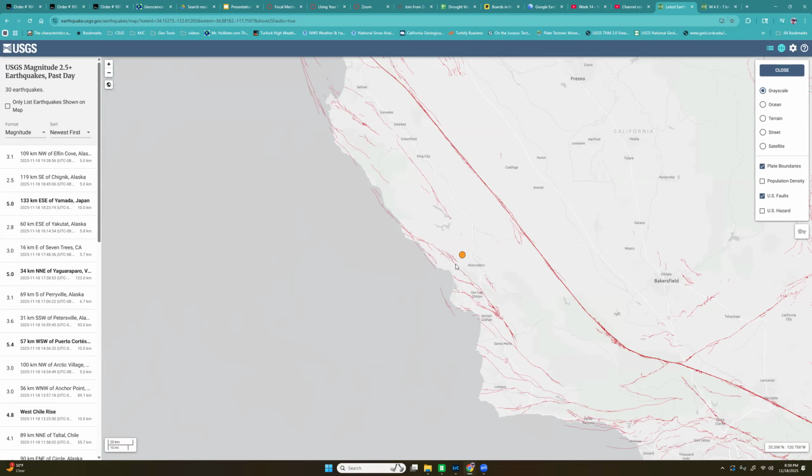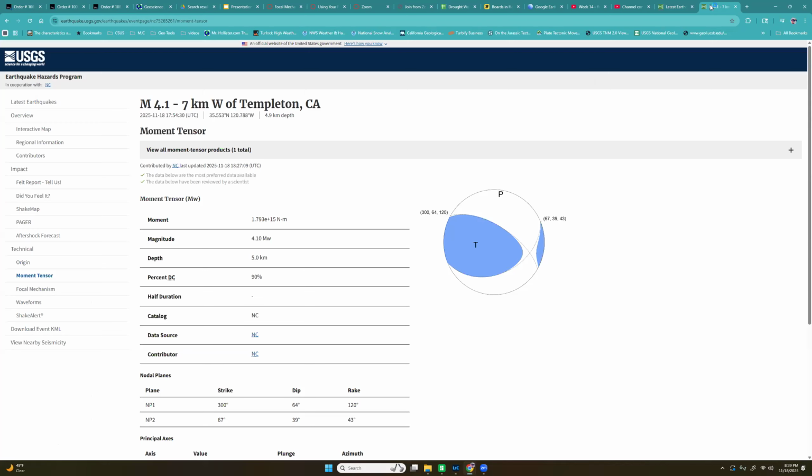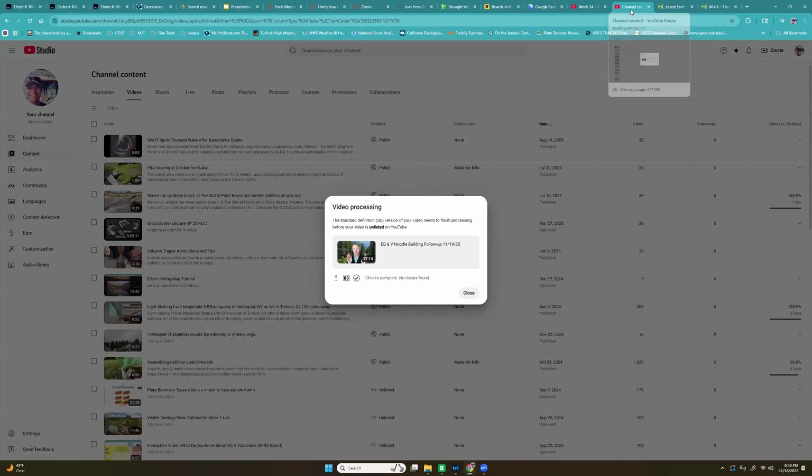The reds there are the mapped faults, so it's not quite on any of the mapped faults, but it is on a strand that seems to be somewhere in between these strands that run parallel to the San Andreas Fault. So maybe there's some compression there somehow, and that's how we get this little bit of a reverse fault. So anyways, that's how those look. That's real time. That's what happened today, and kind of a cool coincidence that this all happened.